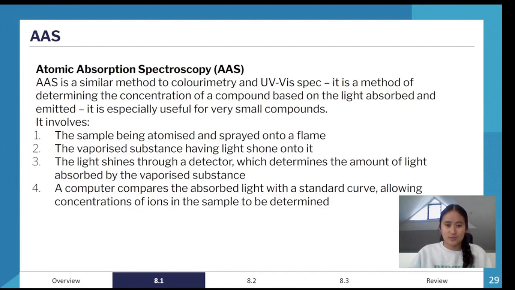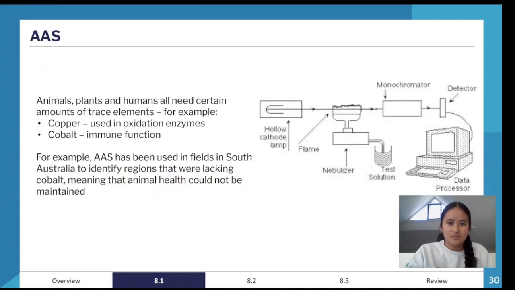It just compares the absorbed light with the standard curve, and then it allows the concentrations of ions to be determined. So really the main steps are first it being vaporized, and then second the light being shone through it, and then third the detector. So those are the key things that you should remember for the process of AAS.